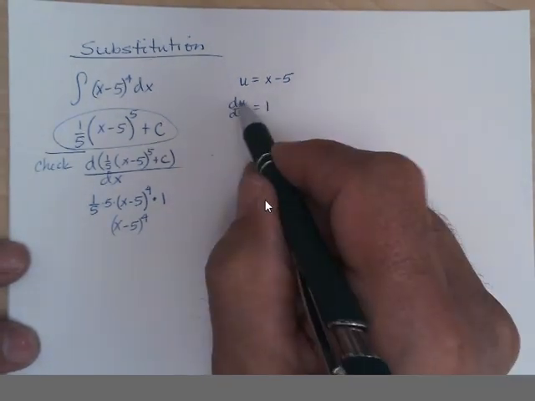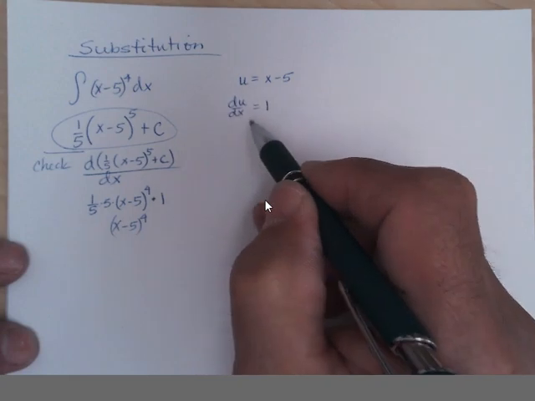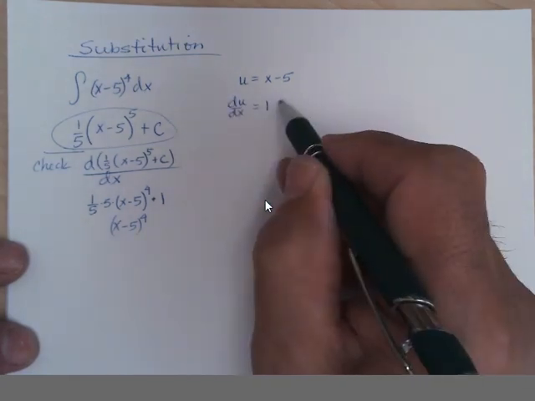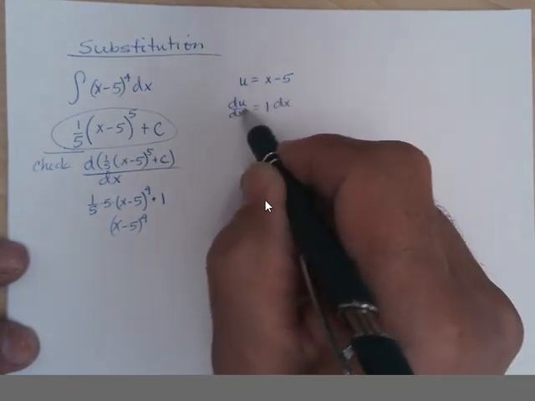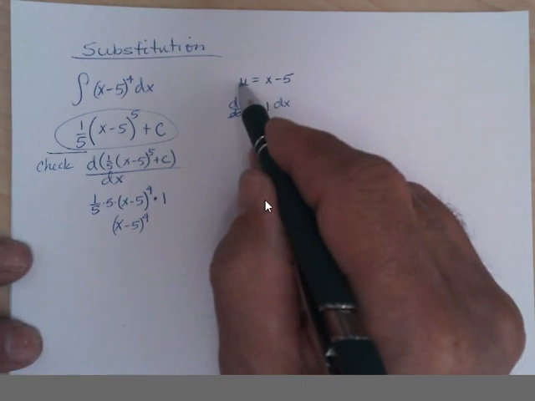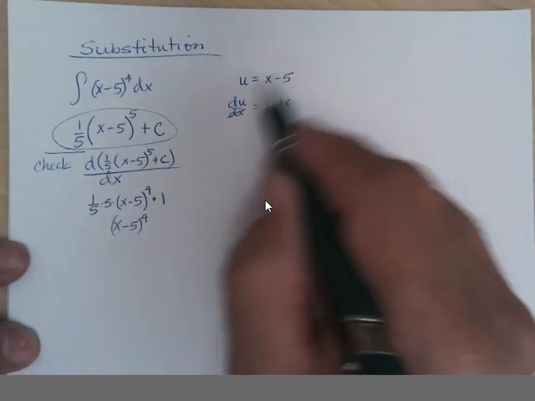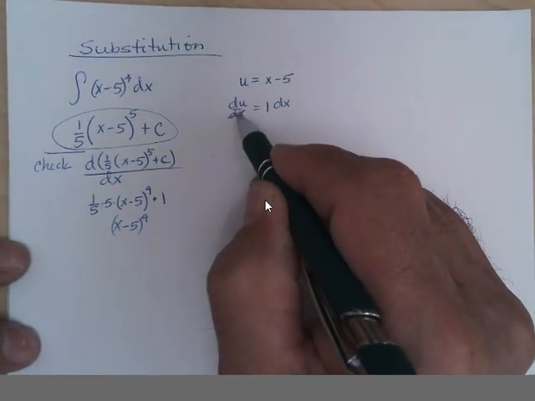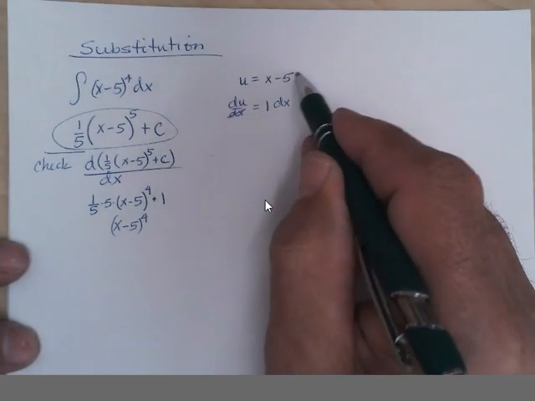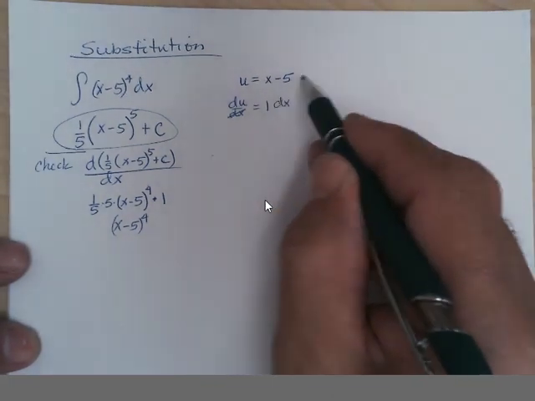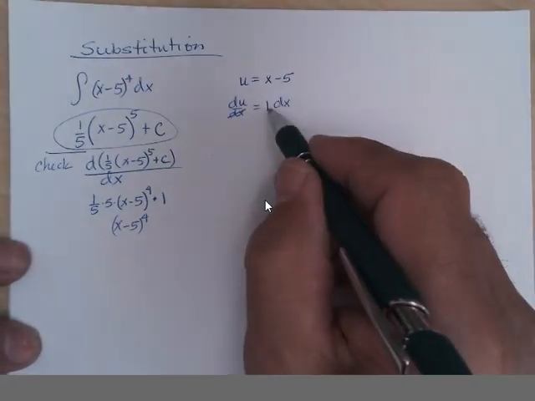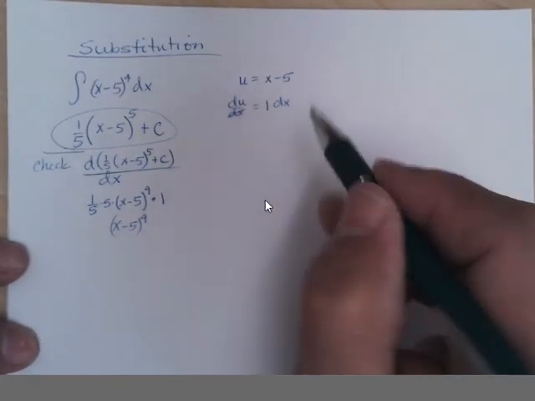But this is a small change in u and a small change in x, so I can multiply both sides by the small change in x. So often I'll just write that the derivative of this is 1 dx. And 1 dx, so du and dx are the same.